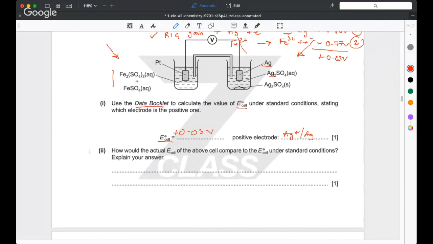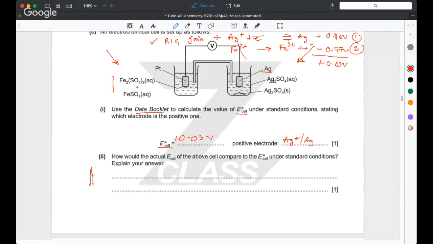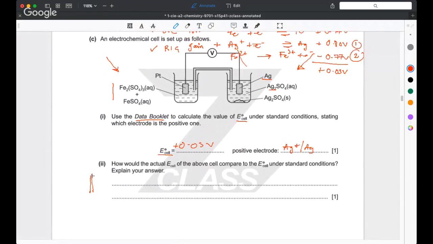Now, this question here was one that the examiner felt that students had a lot of difficulty with. Now, these standard cell potentials assume that you've got 1 mole per decimeter cubed as your standard concentration.